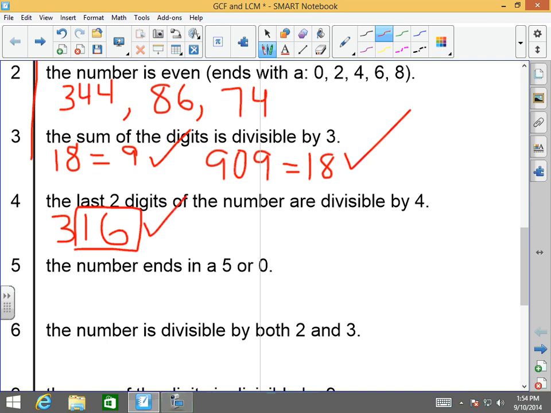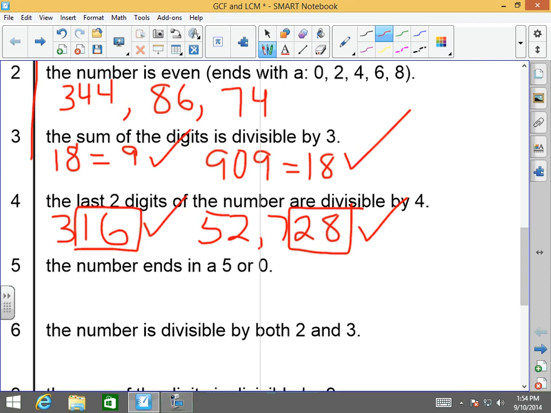What if I give you a crazy number like 52,728? You look at the last 2 digits. And is 28 divisible by 4, my brother? Yes. So is this whole entire number divisible by 4? Yes. 5 is an easy one. A number is divisible by 5 if the number ends in a 5 or a 0.